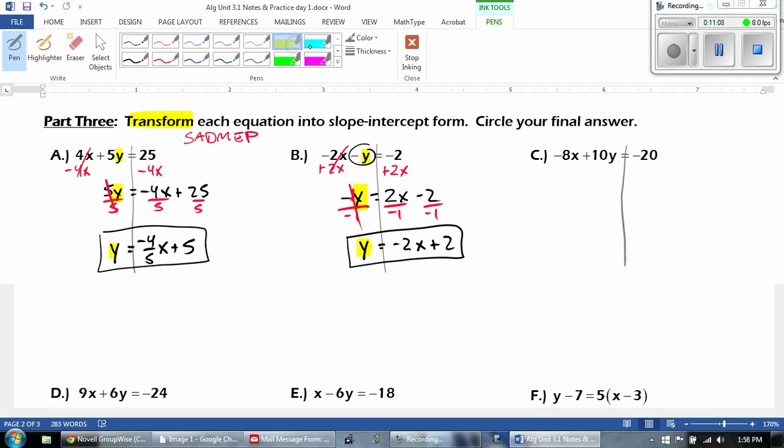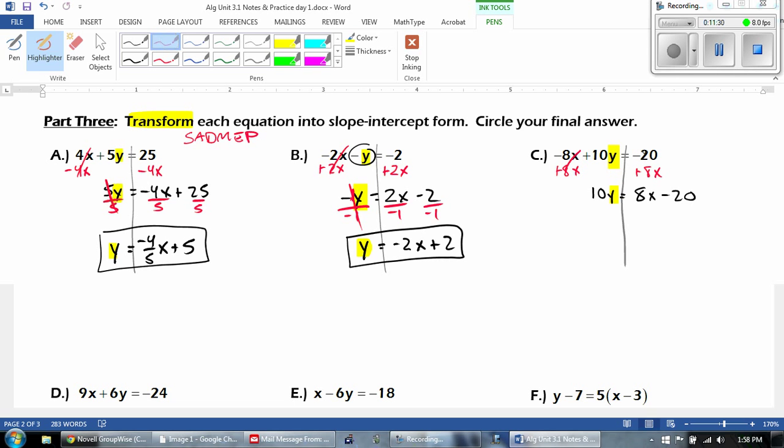So I'm going to draw the line down the middle. I'm going to find the y, and then I'm going to do inverse operation. So I'm going to add the x to both sides, and we get 10y equals 8x minus 20.